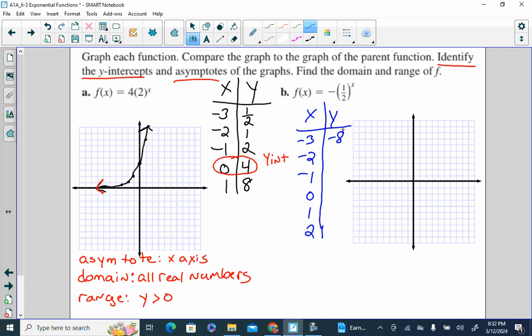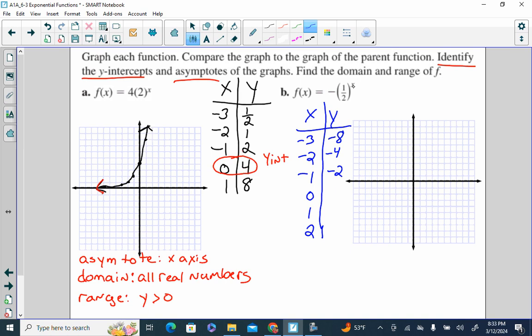Now, when x is -2, 1/2 to the -2 is the same as 2 over 1 squared. 2 over 1 squared is 4. We want the opposite of that, so that's going to be -4. Then we have 1/2 to the -1, which is the same as 2 over 1 to the first power. We want the opposite of 2 over 1, so that's -2.